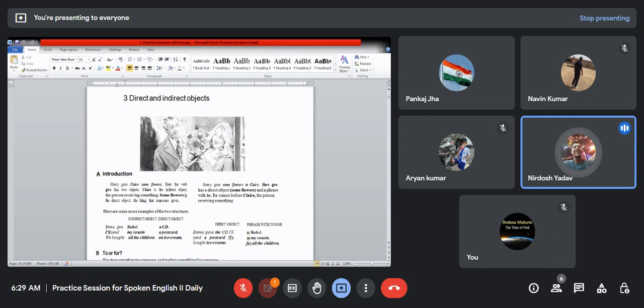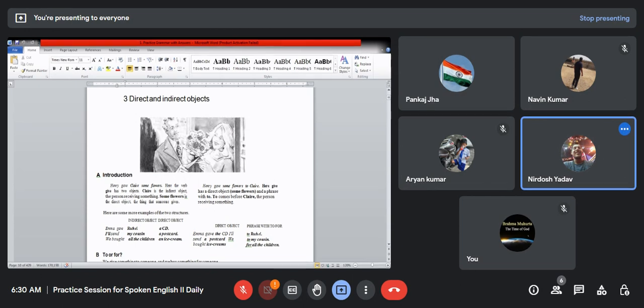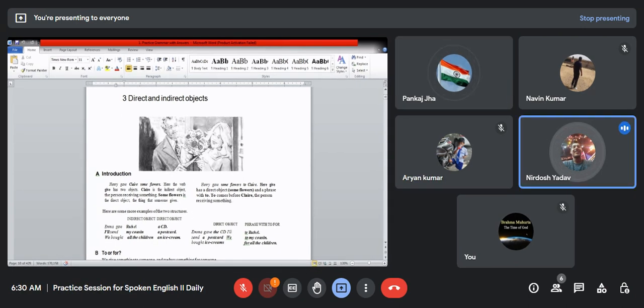So the introduction is like this. Henry gave Claire some flowers. Here the verb give has two objects.